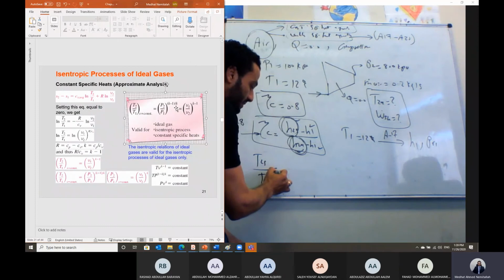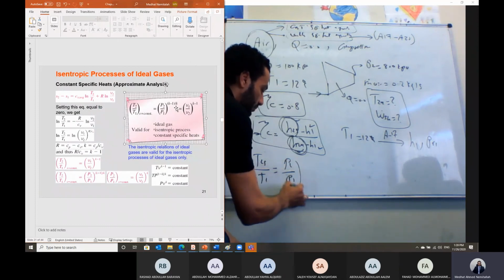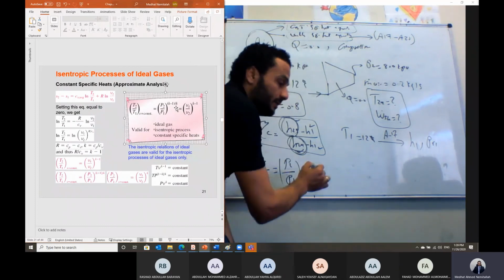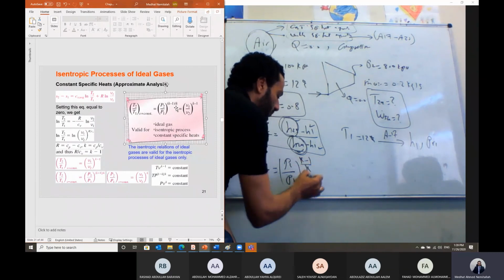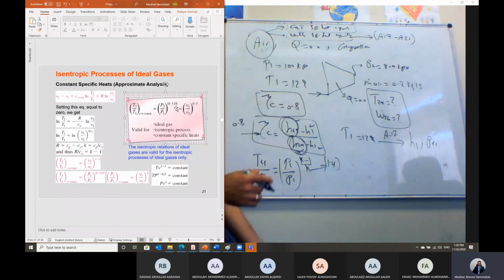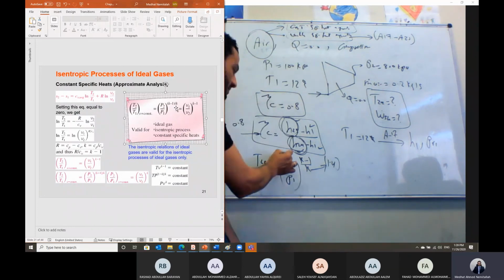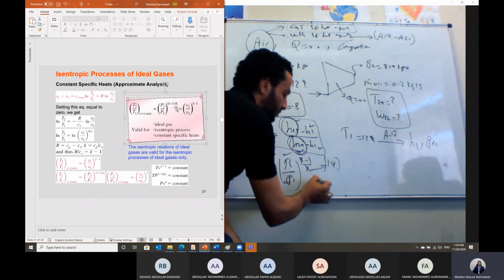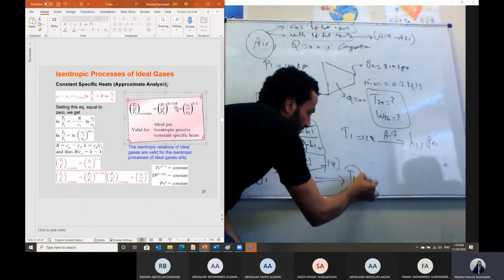T2S over T1 equals P2 over P1 to the power (k minus 1) over k. k for air is equal to 1.4, or you can check this value from table A2b. We have P2, P1, and T1, then I calculate T2S from this equation.